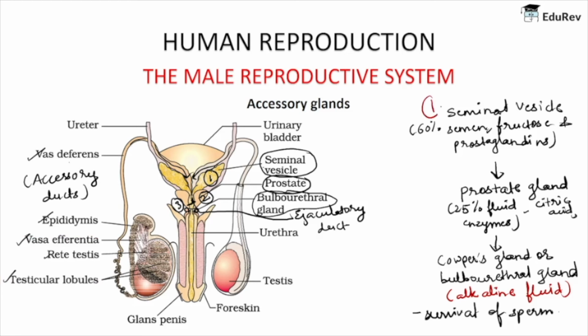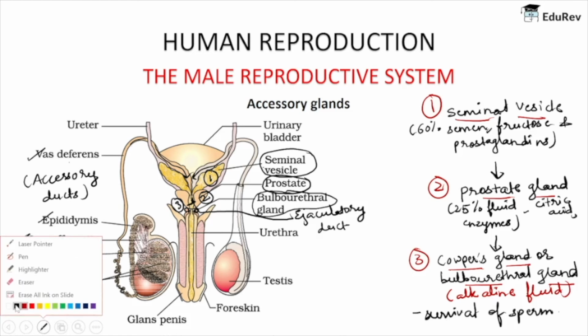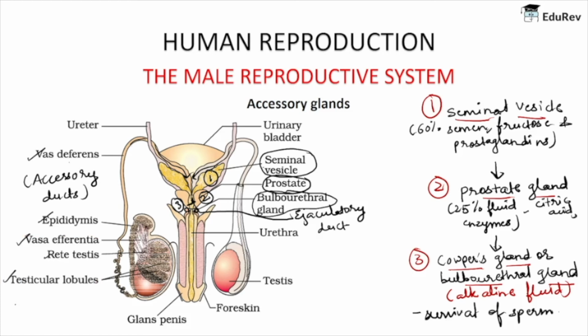Number one is the seminal vesicle, second one is the prostate gland, and the third one is the Cowper's gland. You must remember this name Cowper's gland as well, because it is another name for bulbourethral gland. So these three glands constitute the accessory glands of the male reproductive system. Got it till now? Yes.